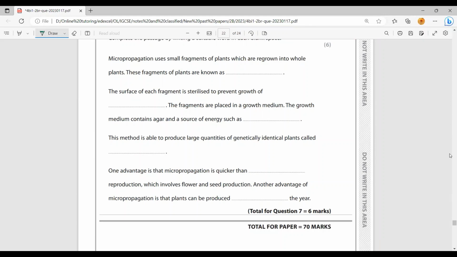The growth medium contains agar and a source of energy such as glucose. This method is able to produce large quantities of genetically identical plants called clones. One advantage is that micropropagation is quicker than sexual reproduction. Another advantage is that the plants can be produced at any time of the year.